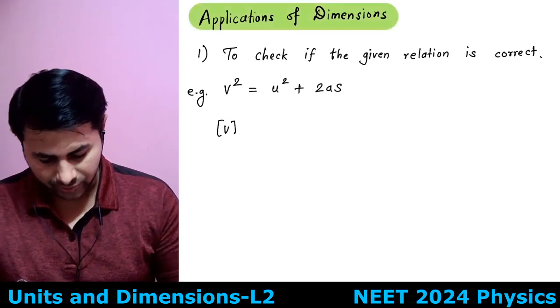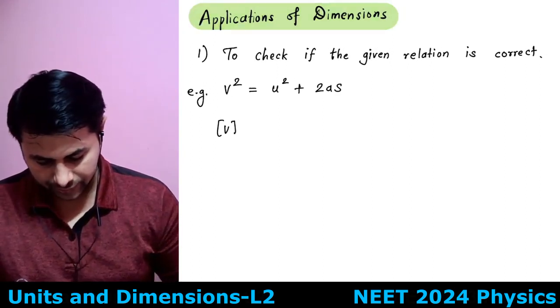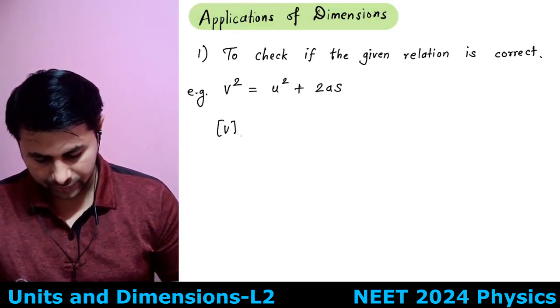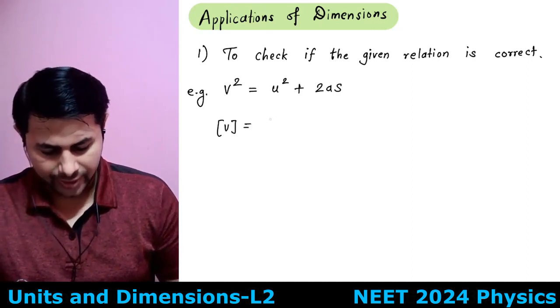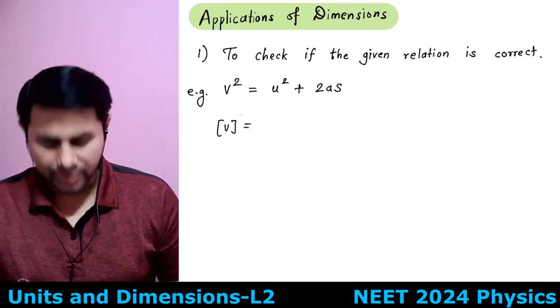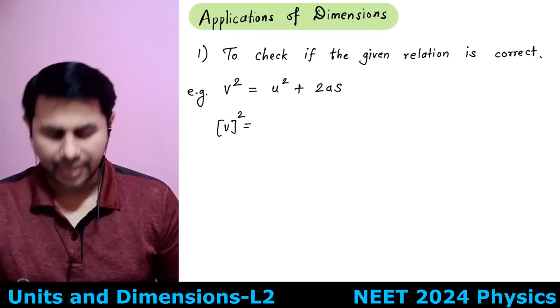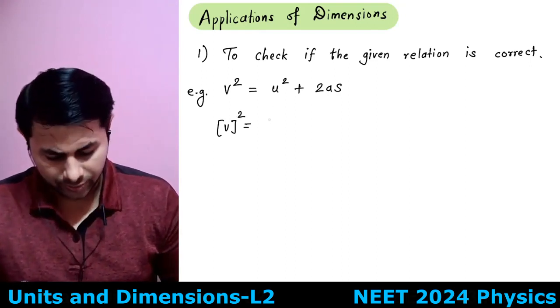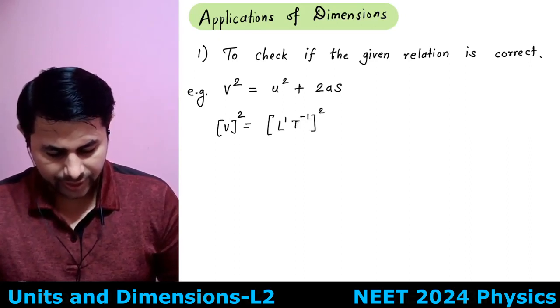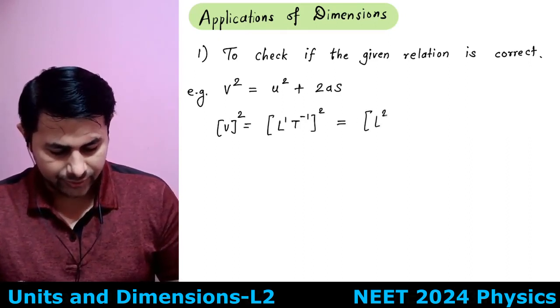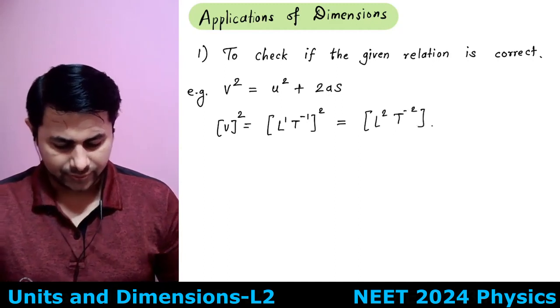What are the dimensions of v? L T to the power minus 1. So the dimension of v square is L T to the power minus 1, squared, so it is L^2 T^-2.